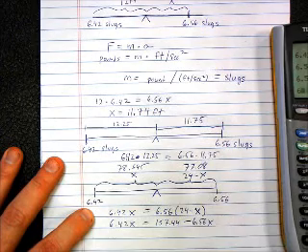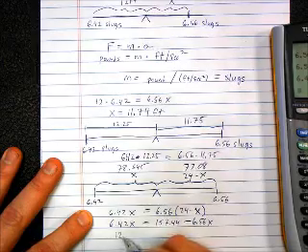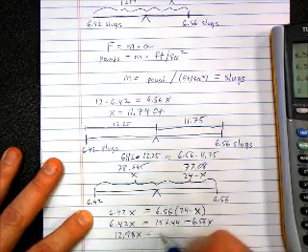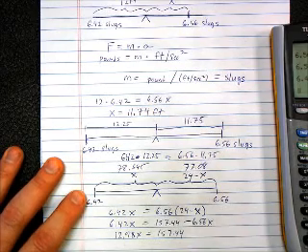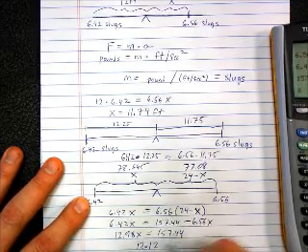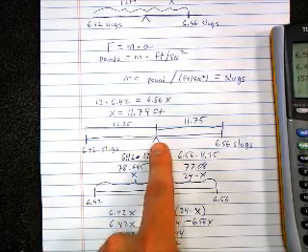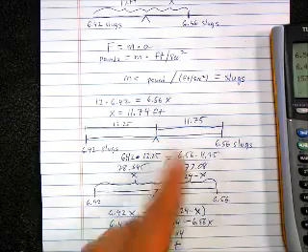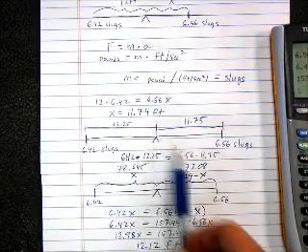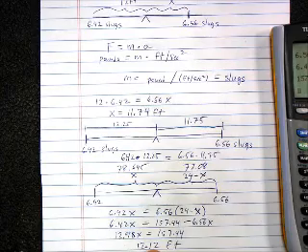Move the x's over, so 6.42 plus 6.56, 12.98 is 157.44, and we divide 157.44 divided by 12.98. That's x. So x should be 12.12 feet, which means that the fulcrum is 0.12 feet off center.